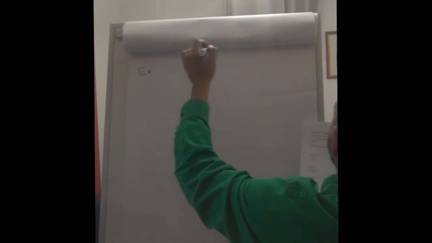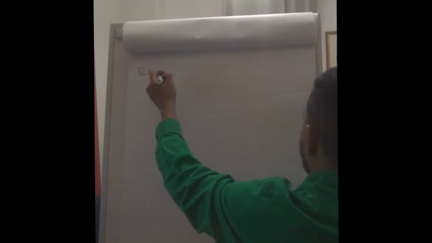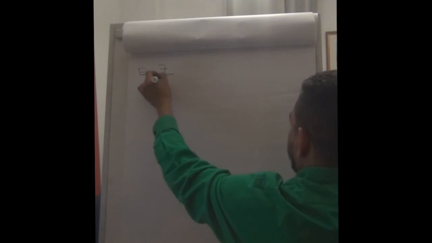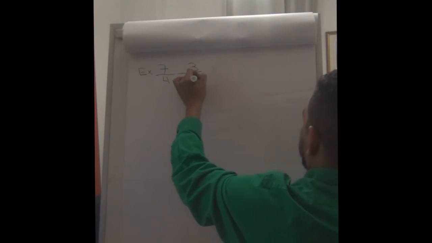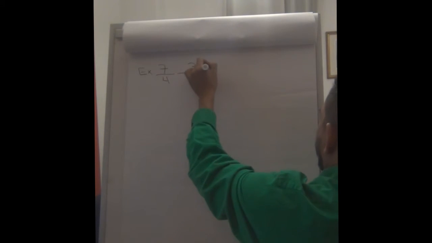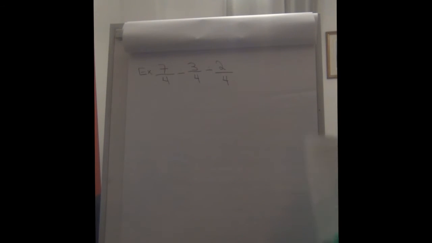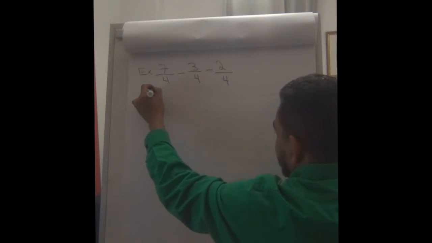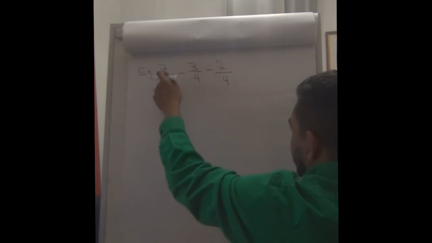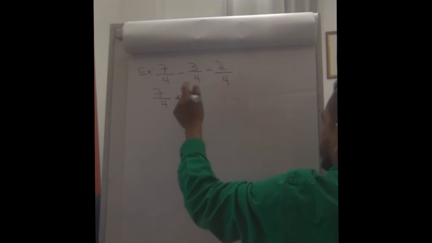And I have 7 over 4 divided by 3 over 4 divided by 2 over 4. Okay? So this becomes 7 over 4. We don't change that. This is a division. We're going to change it to multiplication. And we use the reciprocal here.